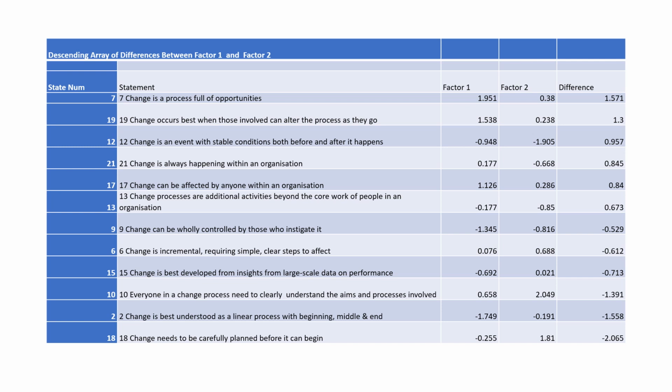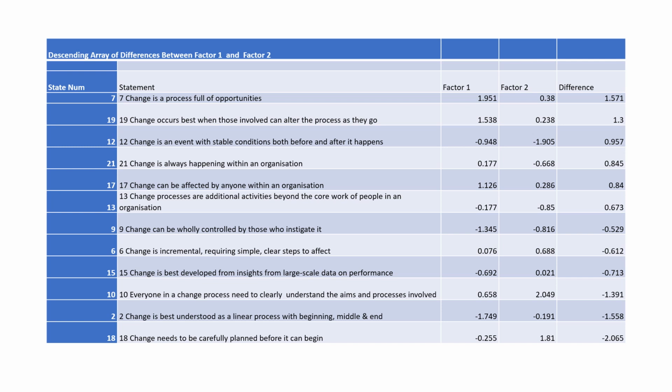Again, I've chopped some out from the middle this time, but then there's a big difference in the negatives as well. So change needs to be carefully planned before it can begin. For the second group, top of the list, really important. For the people in the first group, it's really not that important. It's not massively negative, so it's somewhere around the middle there, but really they're not that bothered.